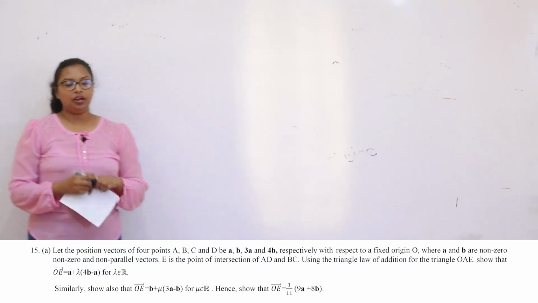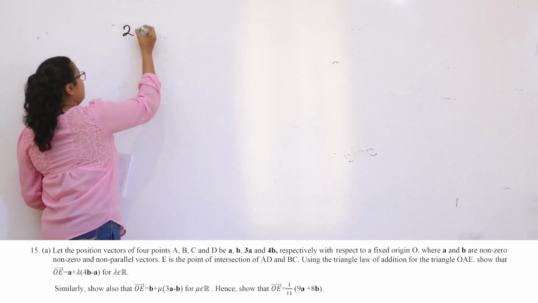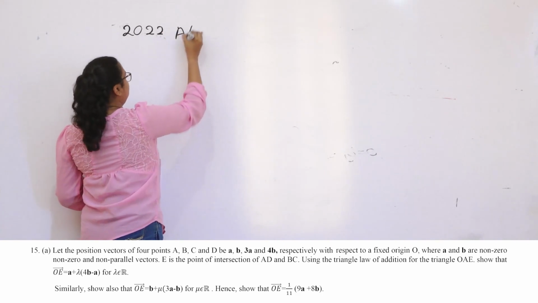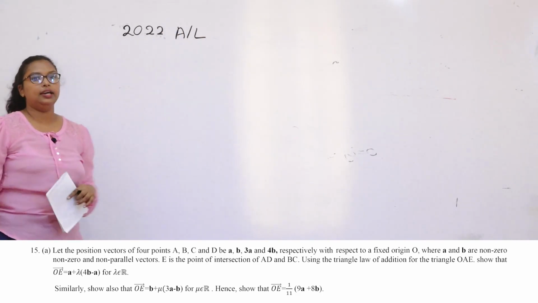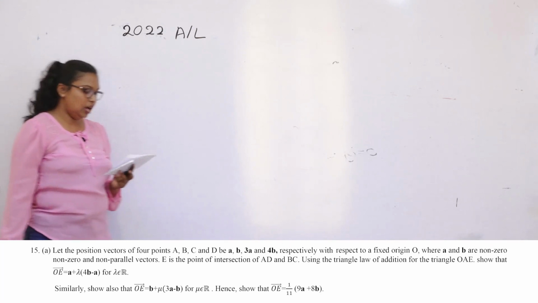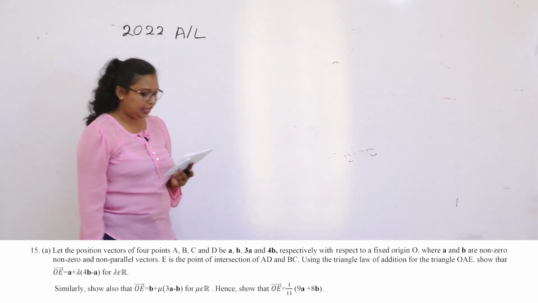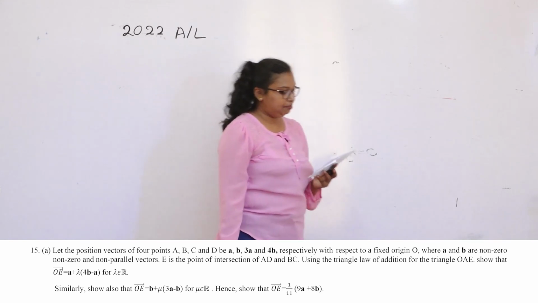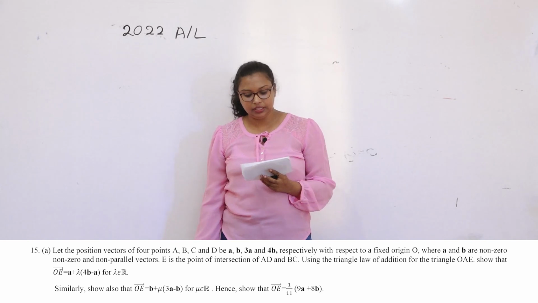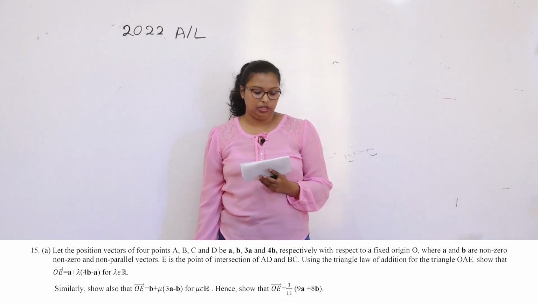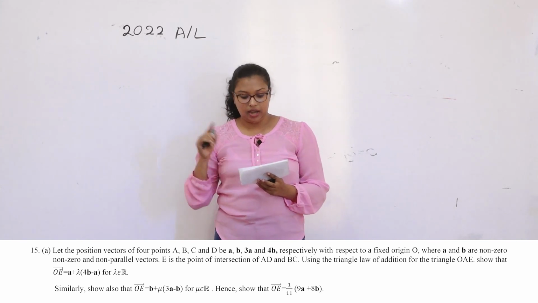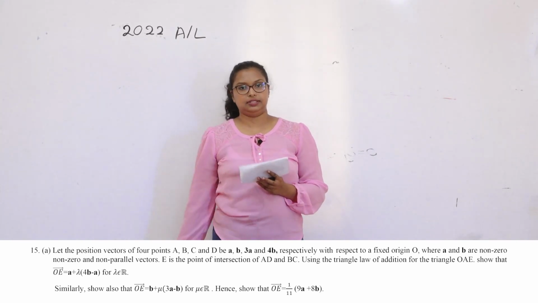Okay, students, now we are going to discuss a recent past paper question, that is the 2022 A-level question. Let the position vectors of the points A, B, C and D be a, b, 3a and 4b with respect to fixed origin O, where they have mentioned that a and b are non-zero, non-parallel vectors, right?